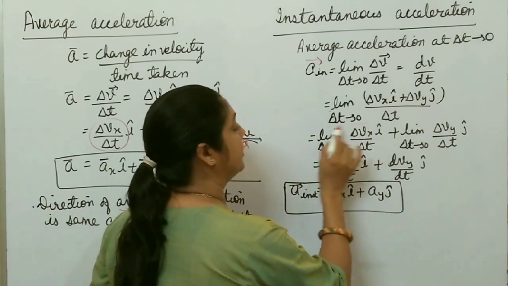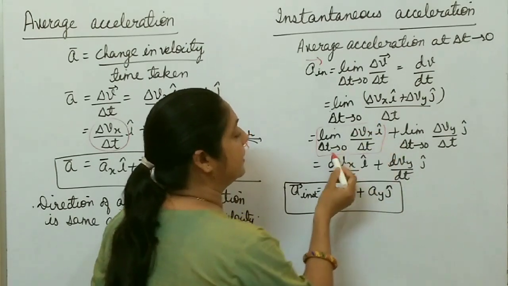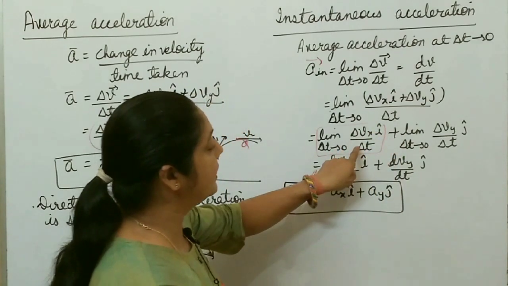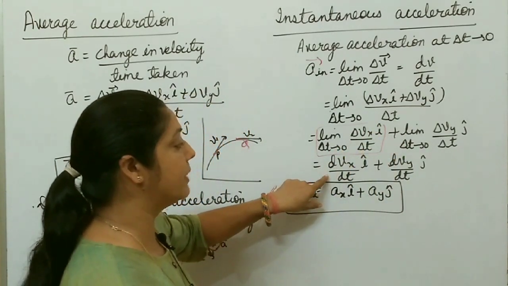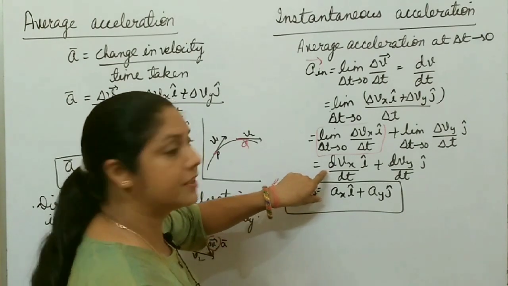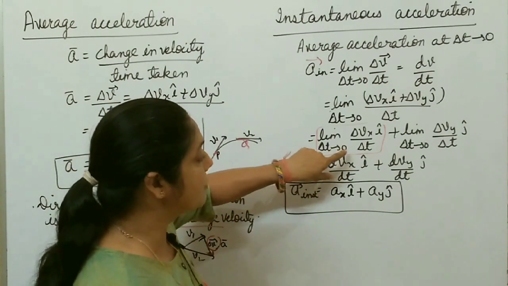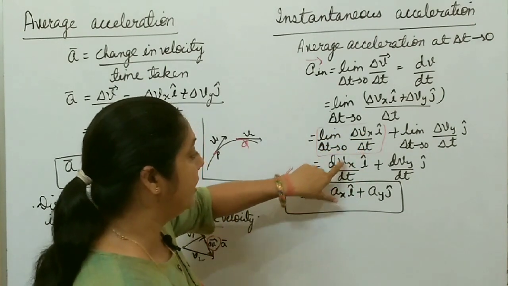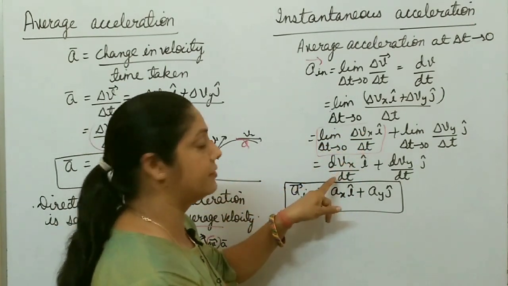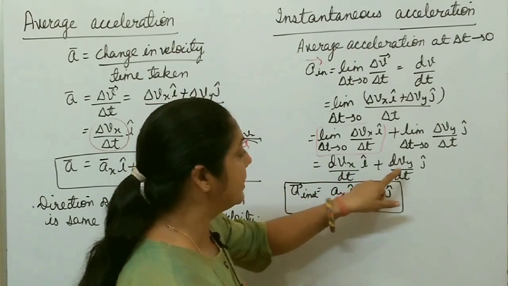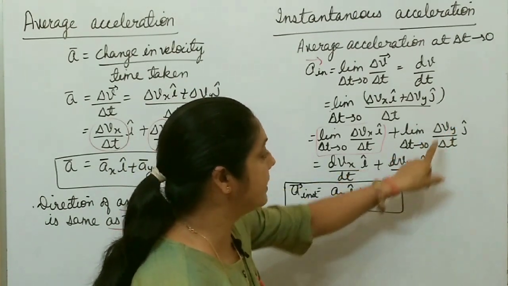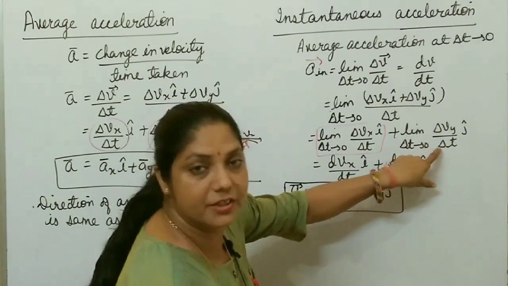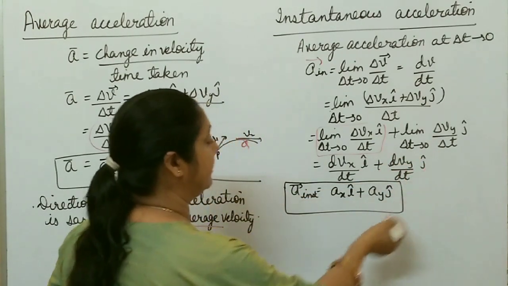This becomes what? Limit delta t tends to 0 delta vx by delta t is nothing but dvx by dt. When time tends to 0, this rate of change of average velocity with time becomes rate of change of instantaneous velocity, right? Now i plus this delta vy, delta is replaced by d when time tends to 0. So dvy by dt.